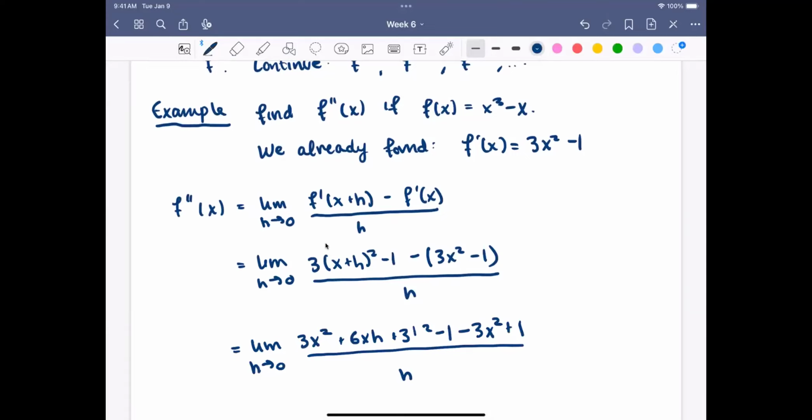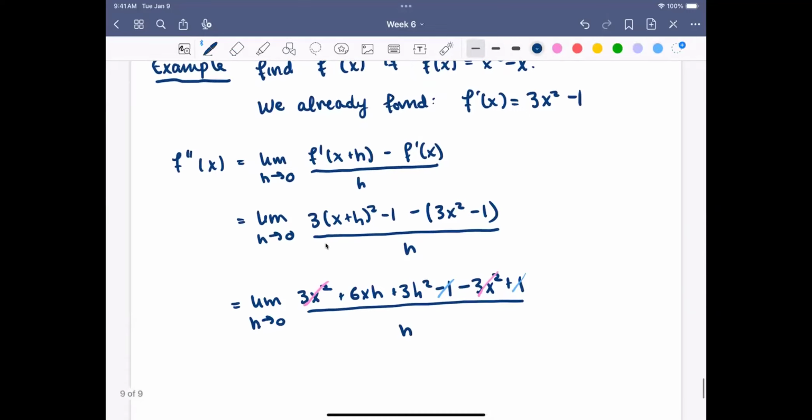That should be an h squared. Okay, so then now we get cancellation. And we are left with the limit as h approaches 0 of 6xh plus 3h squared. Maybe it'd be helpful if I actually factor out the h. So we get h times (6x plus 3h), divided by h.